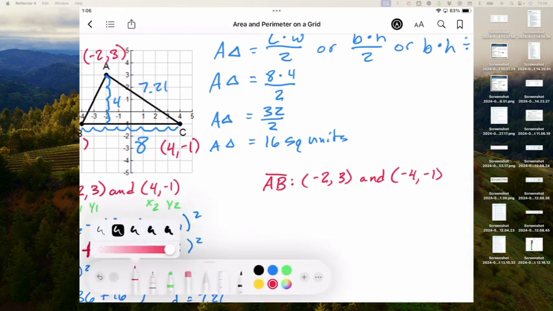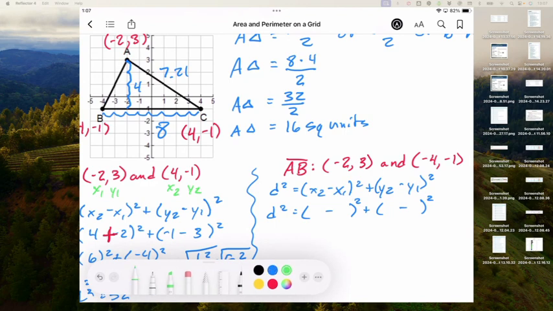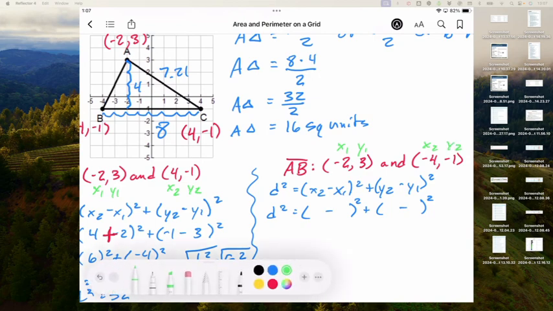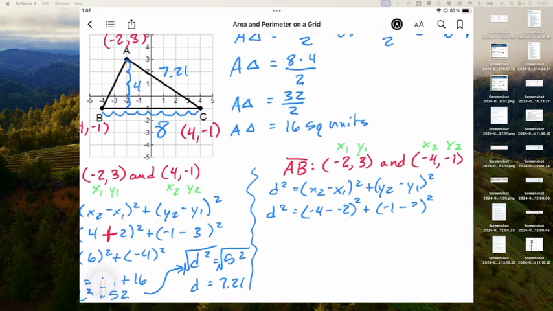Alright, and as I did previously, I'm going to pause while I do the distance formula work in terms of setting it up, just because it takes a while. Okay, and so I have my templates set up. I am going to label these with my x's, very important. x1, y1, x2, y2. And so we've got x2 minus x1 is -4 minus -2. y2 minus y1 is -1 minus 3.